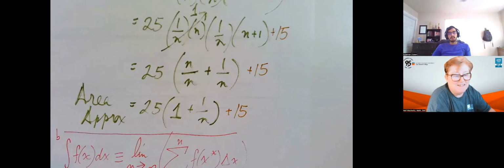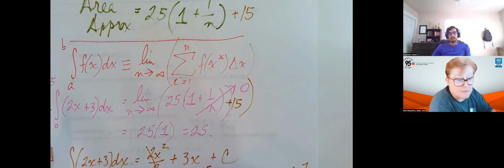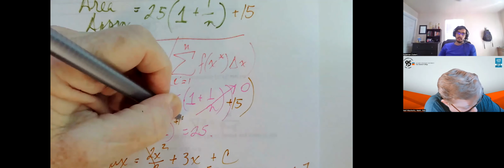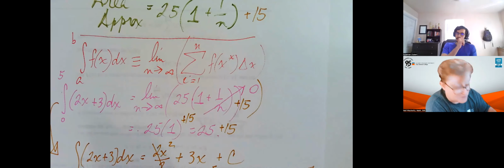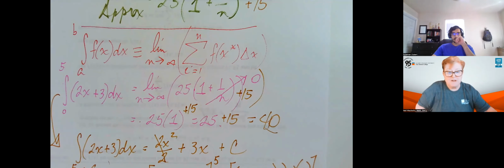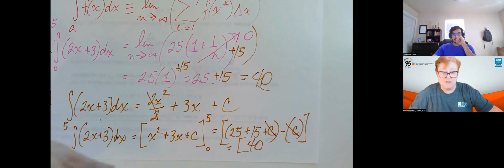And in here also, we've got the plus 15. 15 has nothing to do with n, so it gets added to whatever value we find in the first term, and we do indeed get 40. So you can use the rules of integration to check your work.